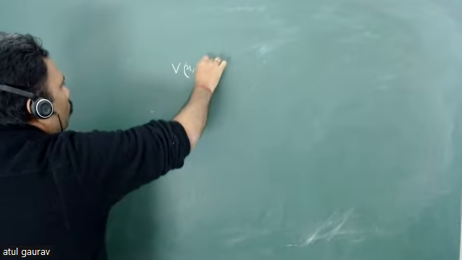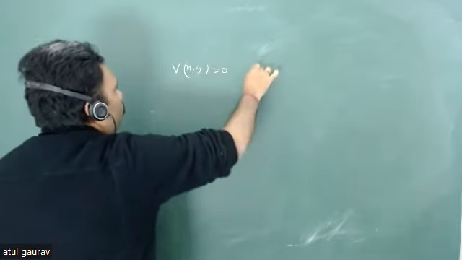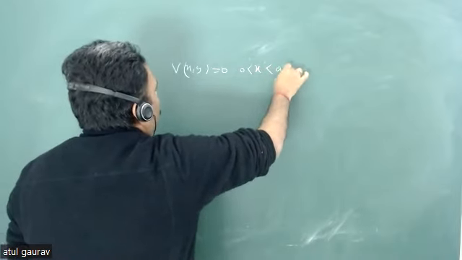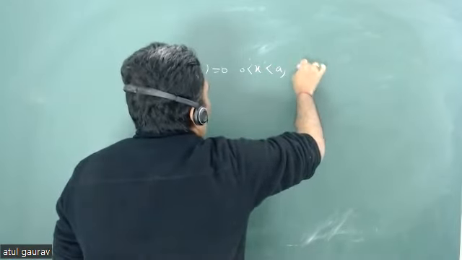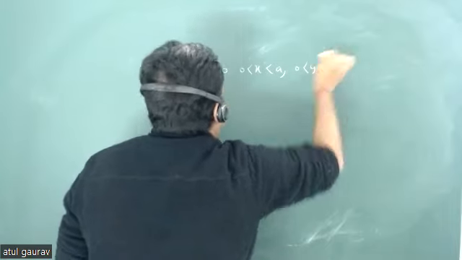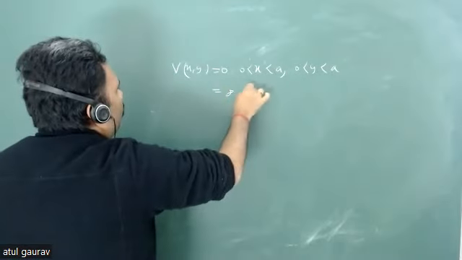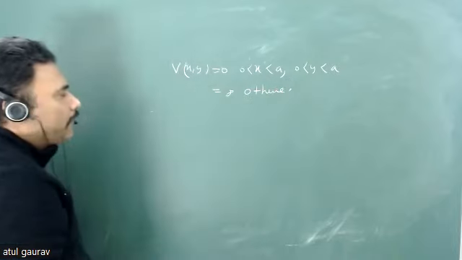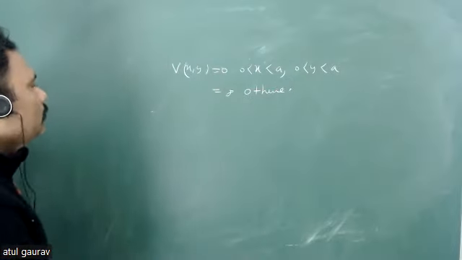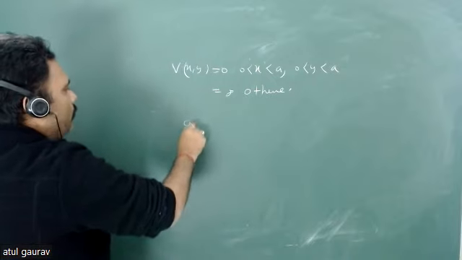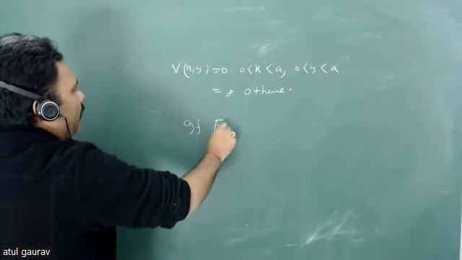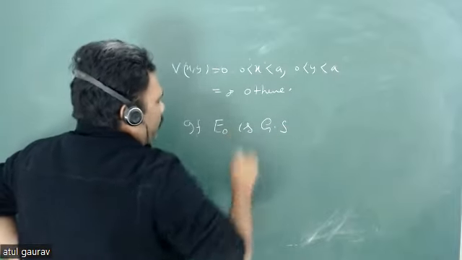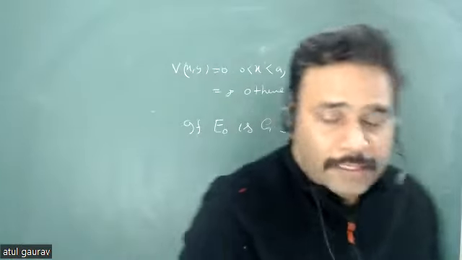V(x,y) is equal to 0 if x is between 0 to a, and y is between 0 to a, and infinity otherwise. Now, if E naught is the ground state, think and keep it in mind.